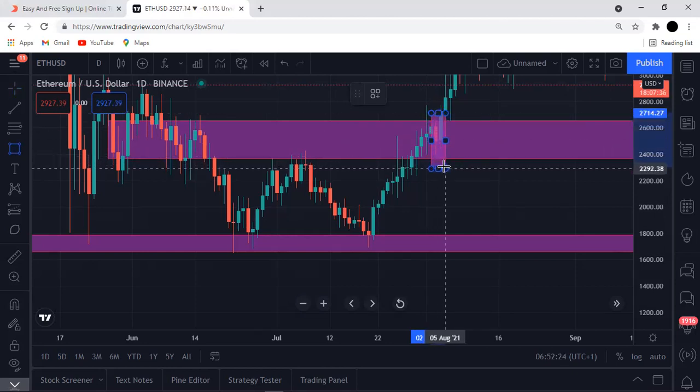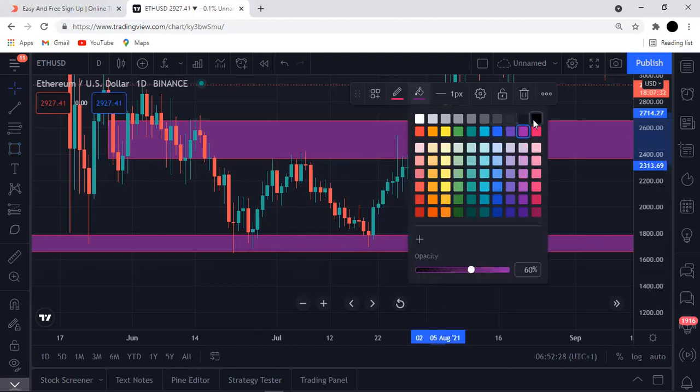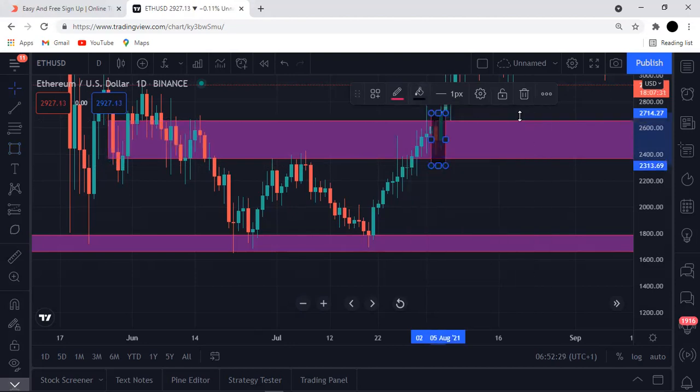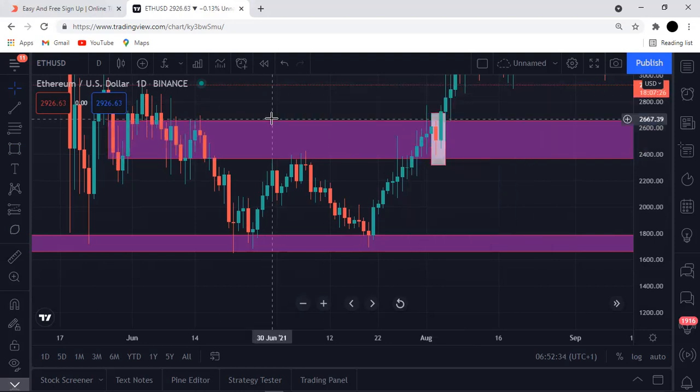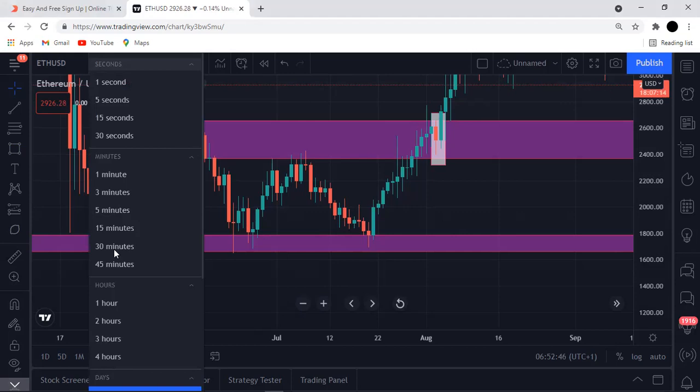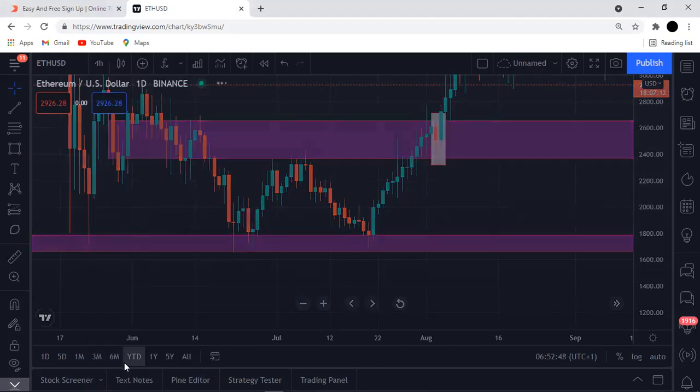I want to look at this very point, so I'll be changing my color to, let's say, white, so I'll spot it easily. I'm interested in seeing just this red candle and the bullish candle. Let me change this to H4 for 4 hours.